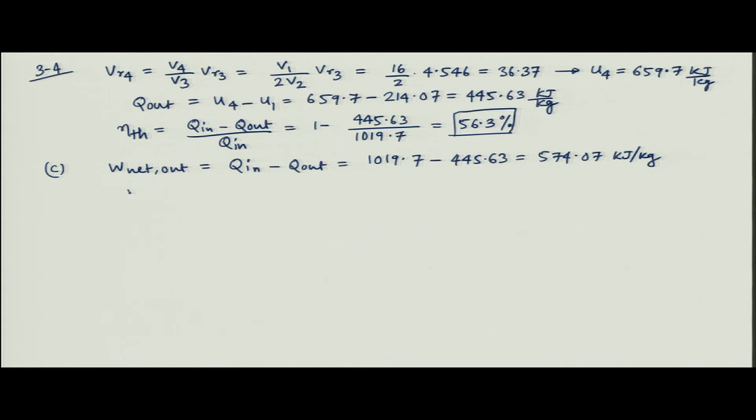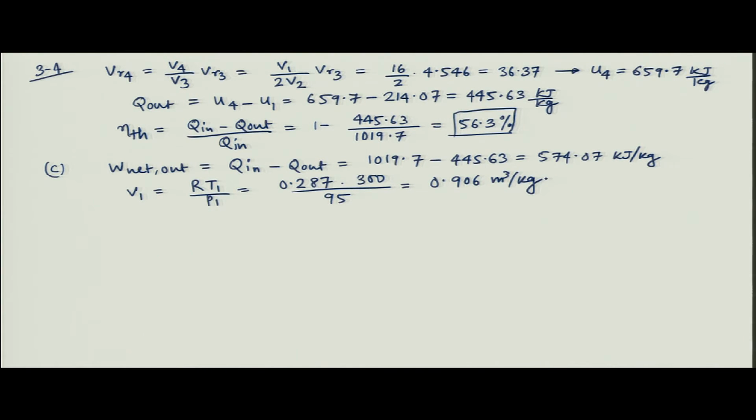We can find the specific volume at the beginning of the compression stroke, which is RT1 upon P1. So, 0.287 multiplied by T1 is 300 Kelvin, P1 is 95 kilopascal. So, you can find V1 as 0.906 meter cube per kg.